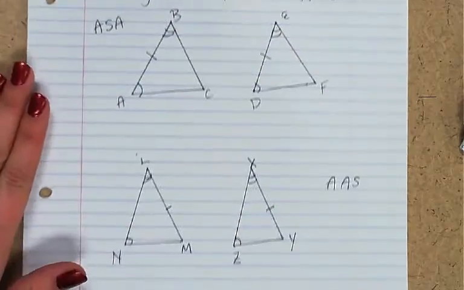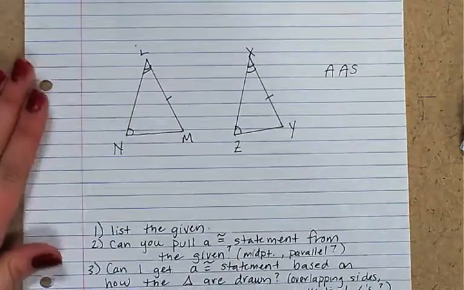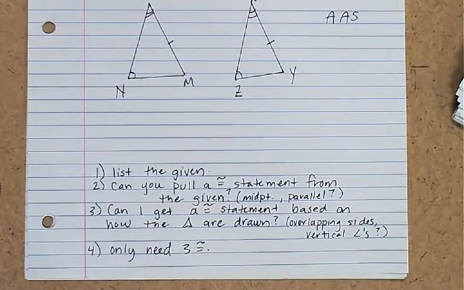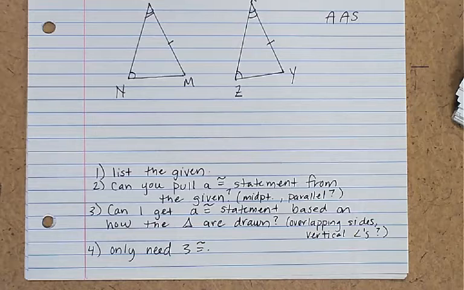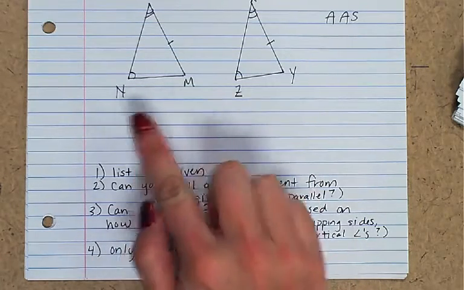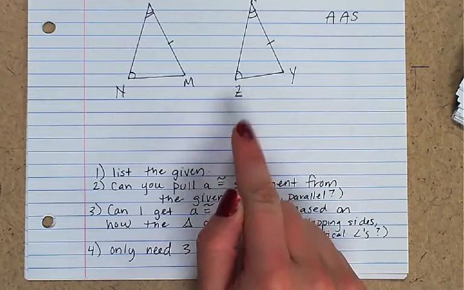Just as a reminder, when you're doing your triangle proofs, make sure you always list the given first. Whatever they give you, that comes up first in the proof. The second thing you should do is ask yourself whether or not you can pull a congruent statement from what they gave you. Sometimes they'll straight up say, like if I was using this example, angle N is congruent to angle Z, and that's given.